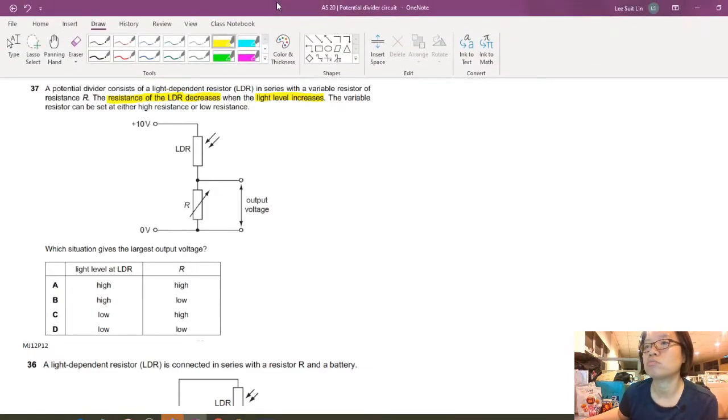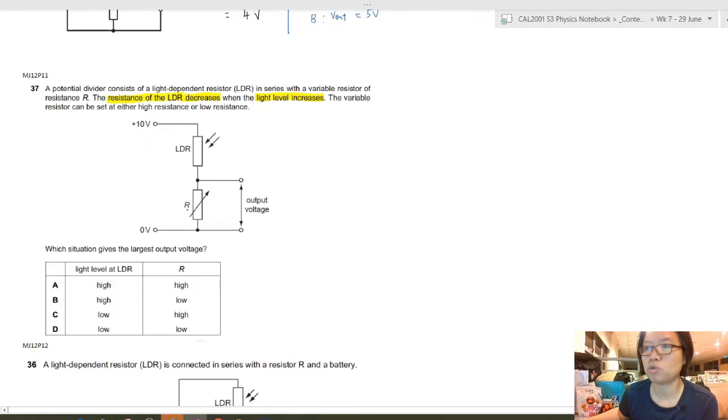Okay? So the variable resistor can be set to either high or low. Which situation gives the largest output voltage? Okay, sure. So if you want the largest output voltage, you would first and foremost want R to be as large as possible. So this one is out, this is out. Number two, you want the resistance of the LDR to be as small as possible, so it doesn't steal the 10 volt away from you, because you are sharing the 10 volt in proportion to the resistance. As R, the variable resistor, I want the most share possible.